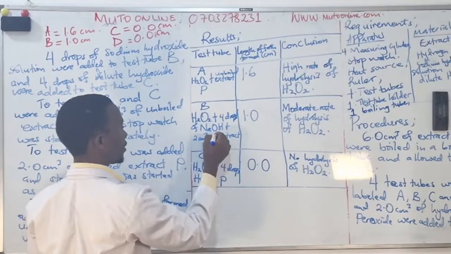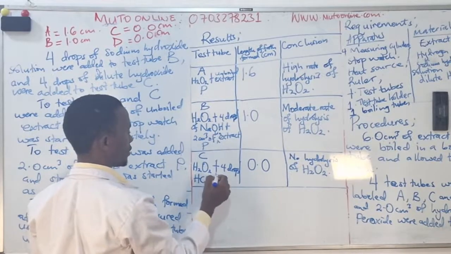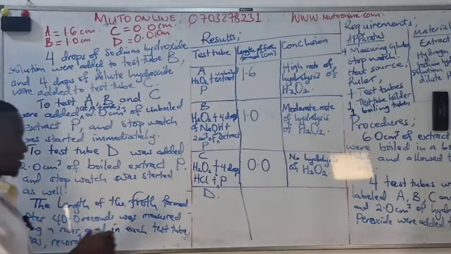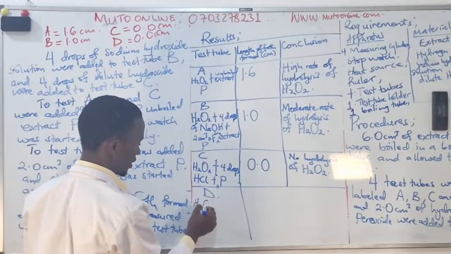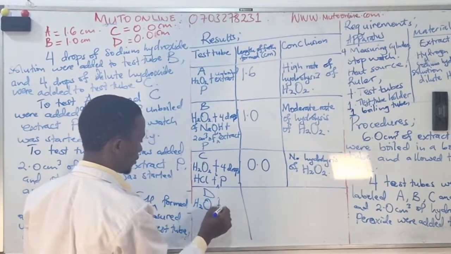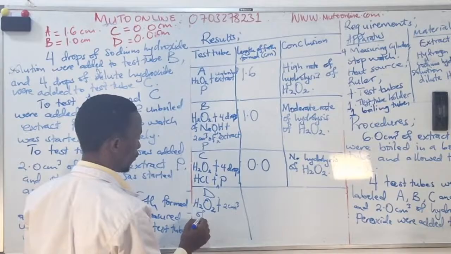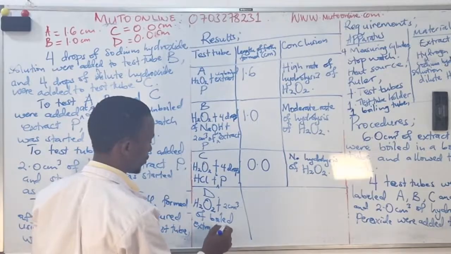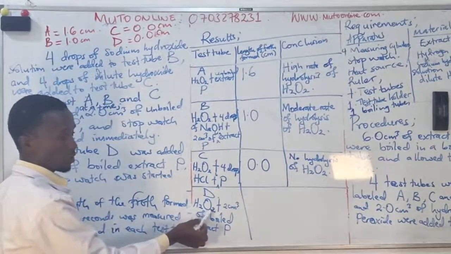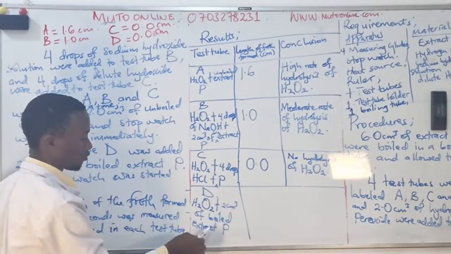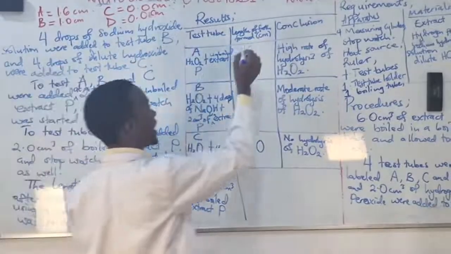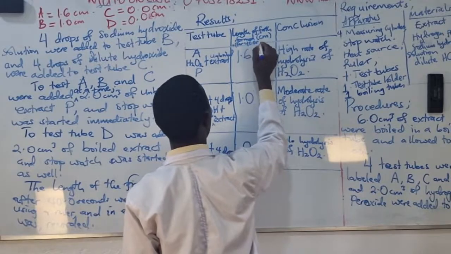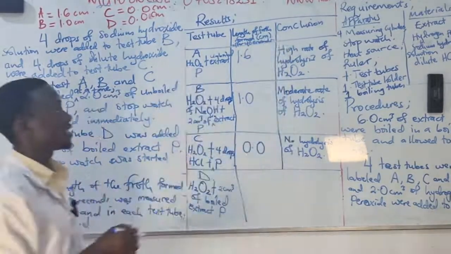Unboiled extract P. But for test tube D, there is hydrogen peroxide plus 2 cubic centimeters of boiled extract P. So there is 2 cubic centimeters of hydrogen peroxide and 2 cubic centimeters of boiled extract P. I'm recording the length of the froth formed after 40.0 seconds in centimeters.